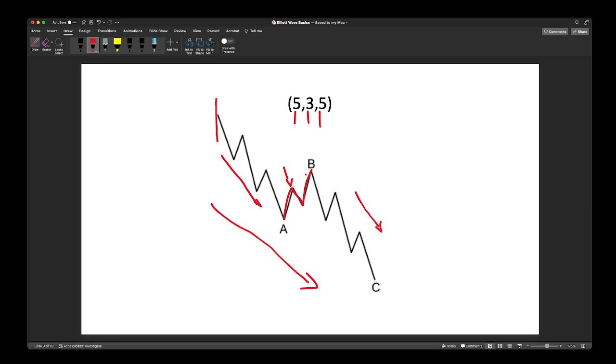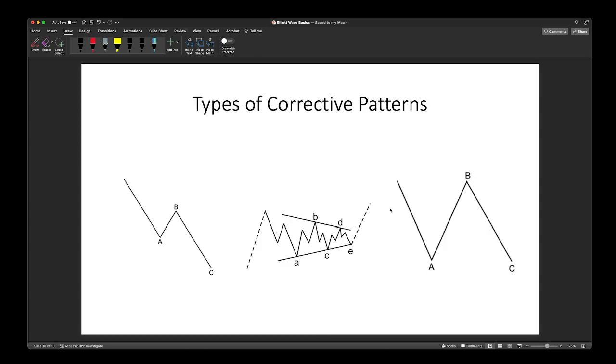So that's the most basic common pattern. Your zigzag pattern made up of 5-3-5. And a common guideline is that waves A and C are equal to each other. There's also different types of corrective patterns.